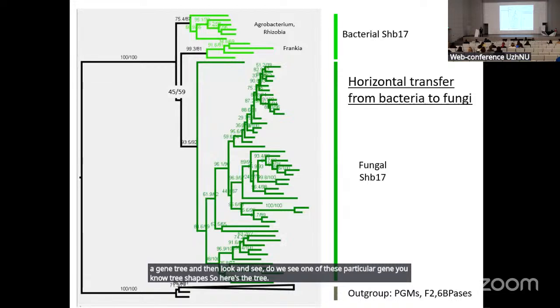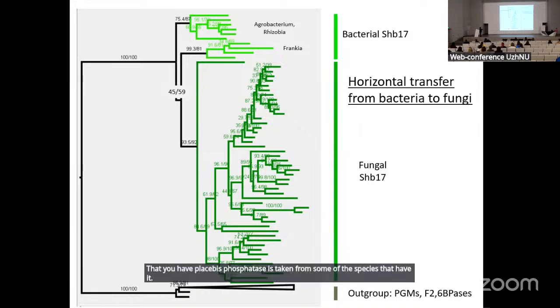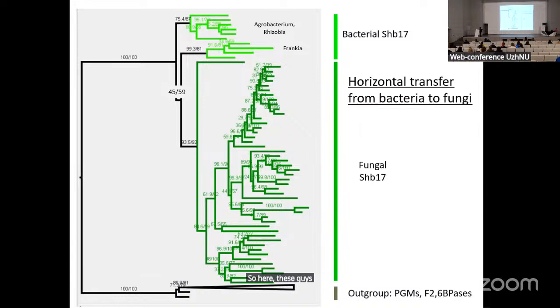This is a selected set of cytoheptulose bisphosphatases taken from some of the species that have it. So here, these guys are the bacterial ones. You've got Agrobacterium and Rhizobia, you've got Frankia.